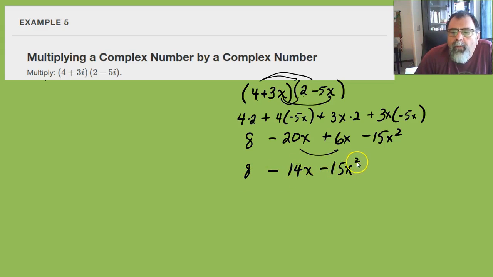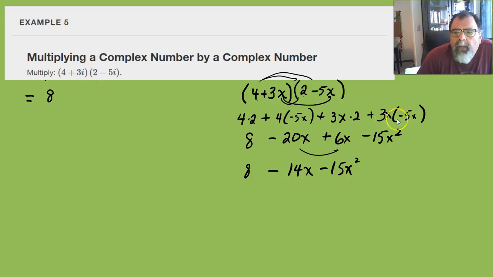Now here's the problem. It's not a binomial. I mean, they're not algebraic expressions because it's not x squared. I'll explain that in a second. Let's go ahead and multiply this out. You're going to use the same method. You're going to distribute or use the FOIL method. So I'm going to skip this step. 4 times 2 is 8.